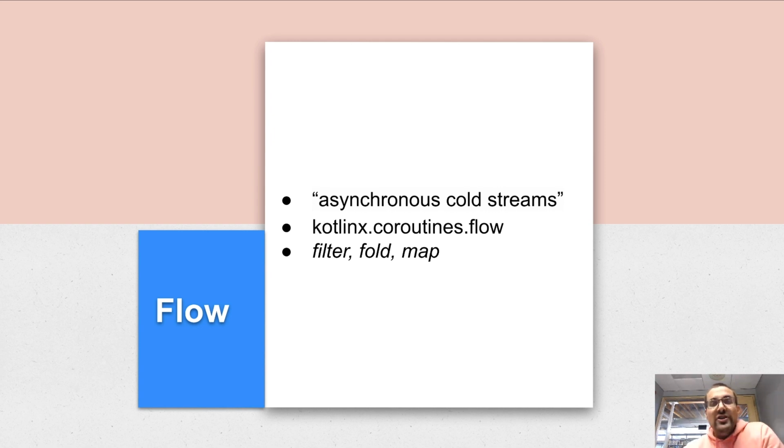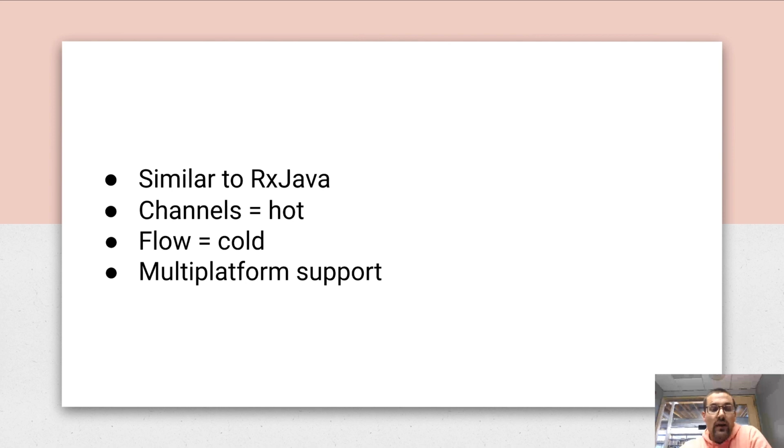And this Flow project then also brings with it commands like filter, fold, or map, things that you're familiar with from, let's say, the Kotlin collection standard library or from RxJava, so that once we are collecting or responding to these values, we can transform them using functional operators that we're familiar with. So like I said, this Flow project is similar to RxJava. It's the cold stream equivalent that we have in RxJava.